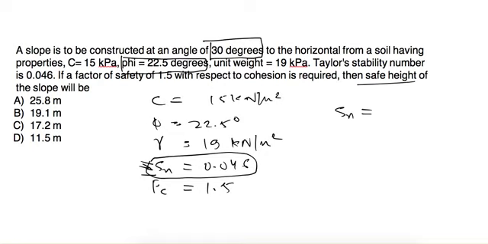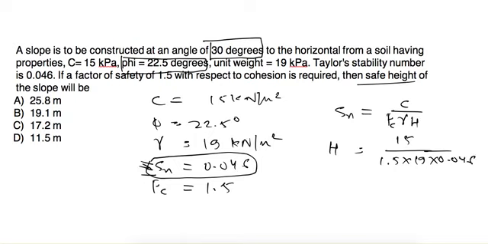So h is equal to C upon factor of safety into gamma into Sn, where C is 15, factor of safety is 1.5, gamma is 19 and stability number is 0.046. From here h comes out to be 11.44 meter, which is almost equal to 11.5 meter. So this is the answer. This is the kind of question you can be asked from this stability number.